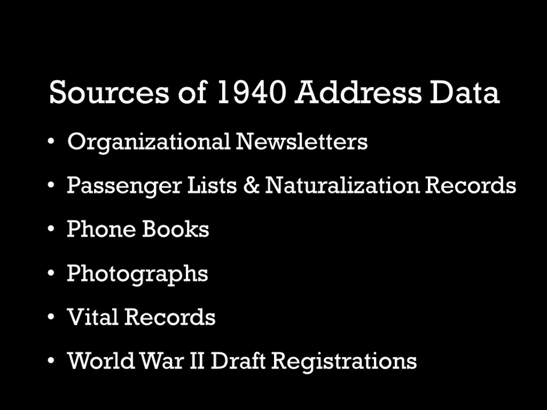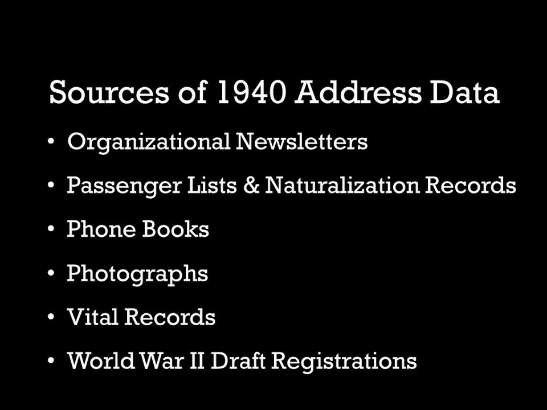Many of these you can still find under Google Books or out on Google. Passenger lists, naturalization records would indicate the address to where they were going. Phone books. I just found out today that I believe that the 1940 Manhattan, New York phone book is going to be digitized in time for the census release. Photographs. You may have addresses on the back of photographs.